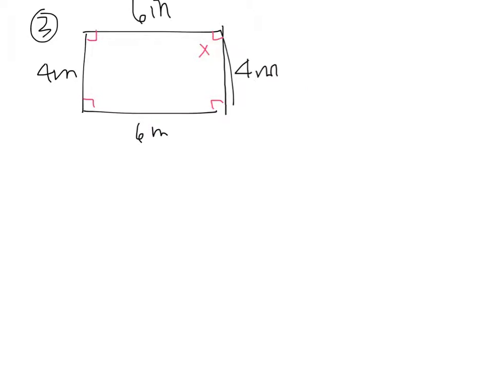So when we look at this figure automatically, what can we classify this as? Quadrilateral. Always start with quadrilateral. Everything that has 4 sides, start with quadrilateral. Okay? What else can this be classified as? Let's look at the outside. We have 6 and 6 and 4 and 4. So if we have 2 sets of lengths that are the same, what is that, Elizabeth? Awesome.